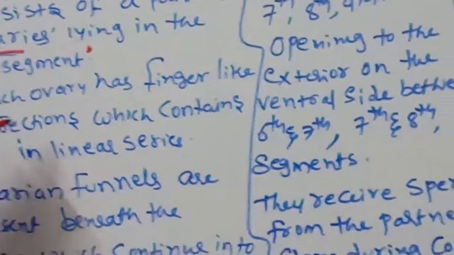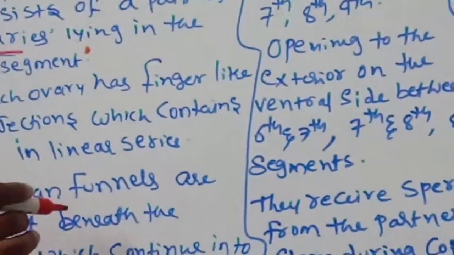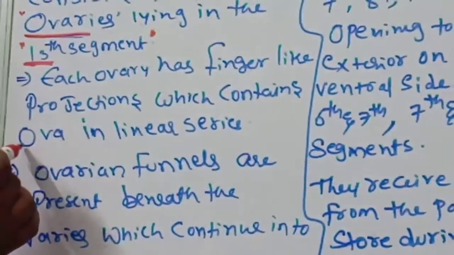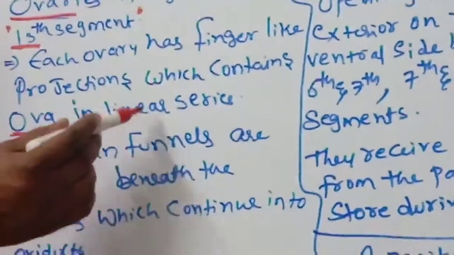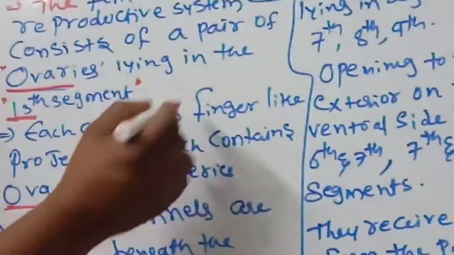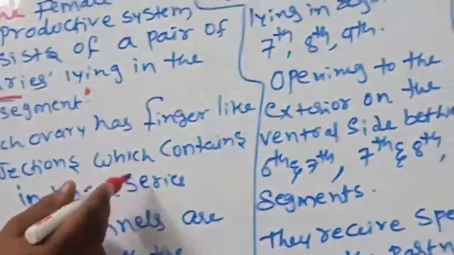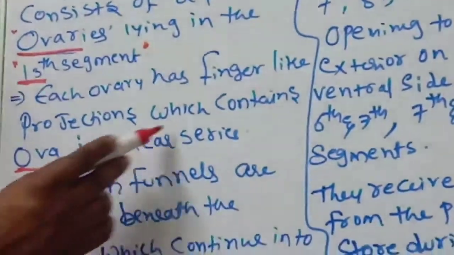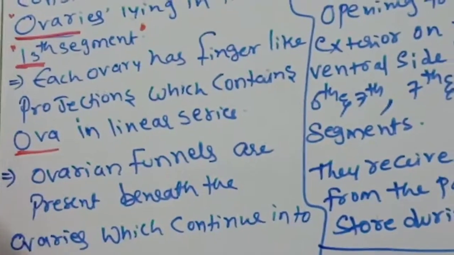Each ovary has finger-like projections which contain ova in linear series. This is important.